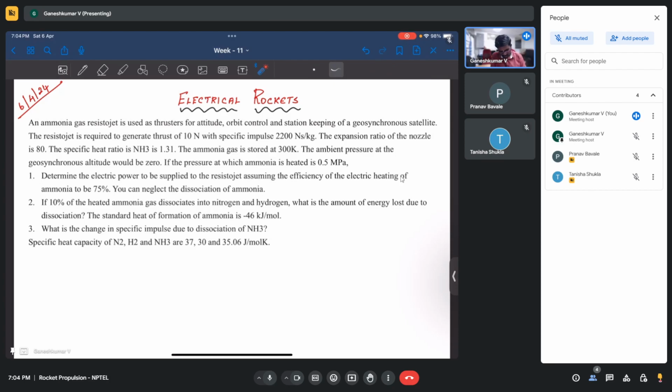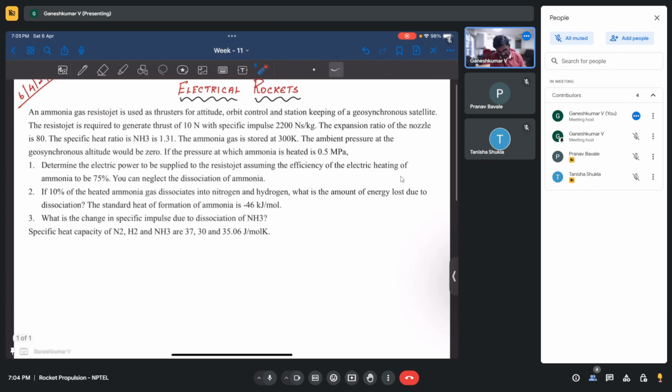The thruster is going to be a resistojet, and it is going to generate a thrust of 10 newtons with a specific impulse of this much. That is also given. The expansion ratio of the nozzle is 80; the resistojet heats the gas and then it expands in the nozzle, so that's why we have an expansion ratio of 80. The specific heat ratio of ammonia is also given, and ammonia gas is initially stored at 300 kelvin.